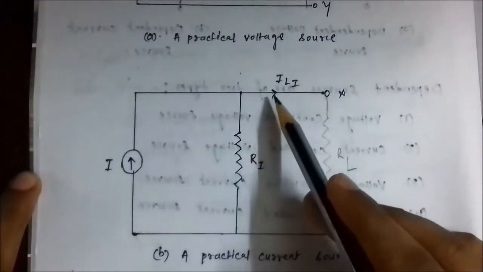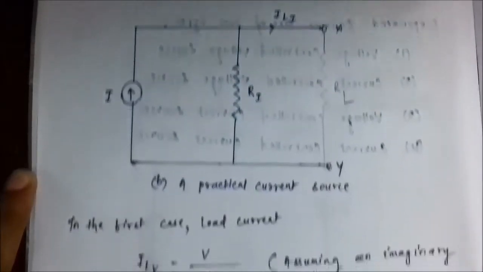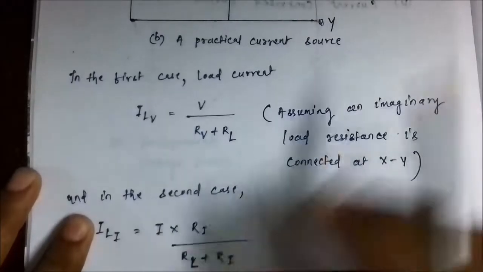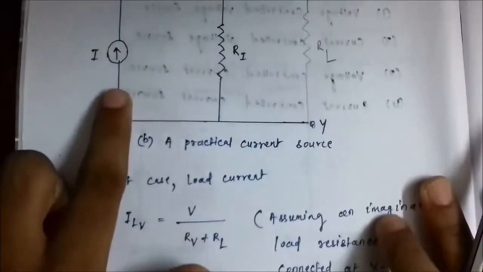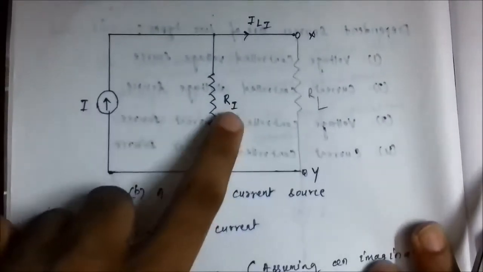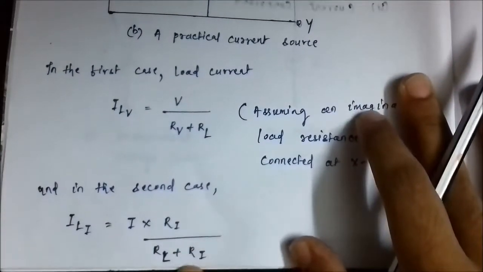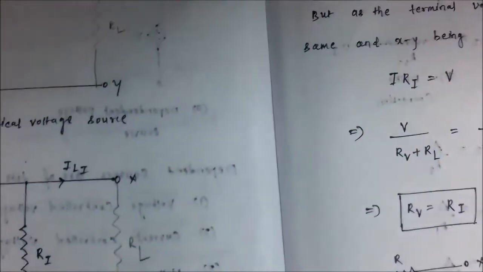And in this case, the load current IL subscript I is equal to, as per the current division rule, I into RI by RL plus RI.